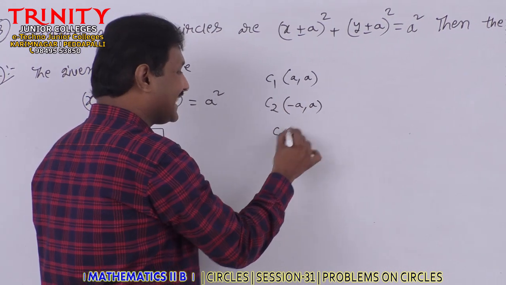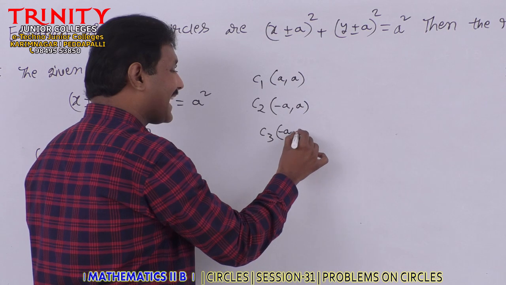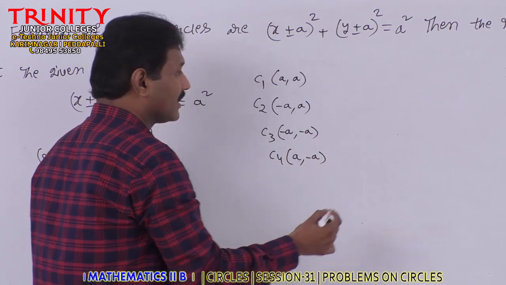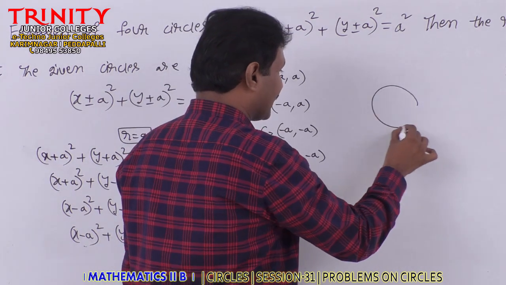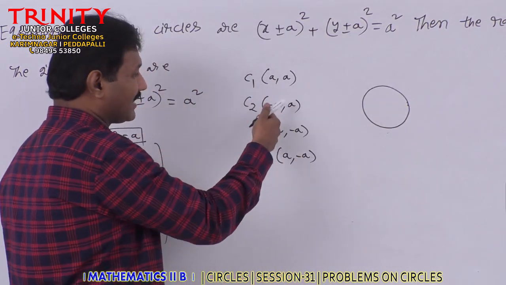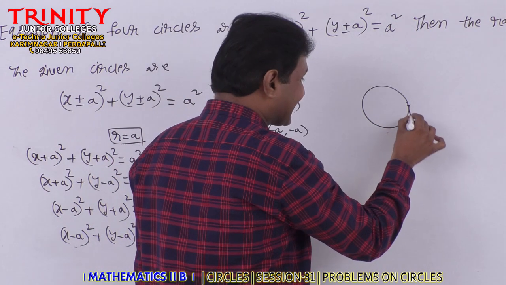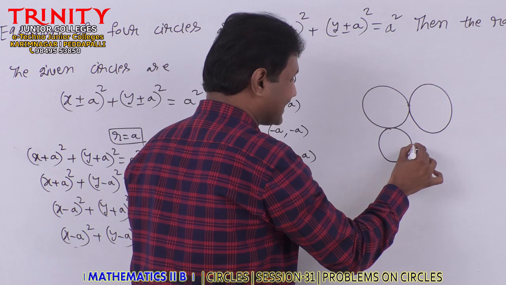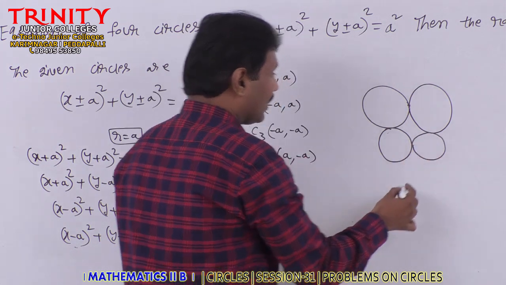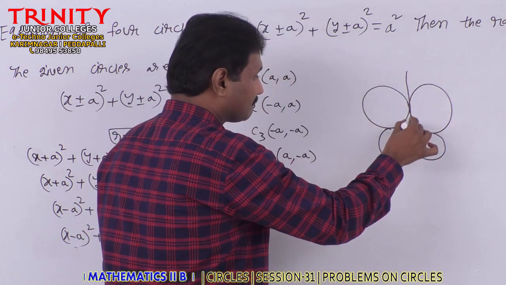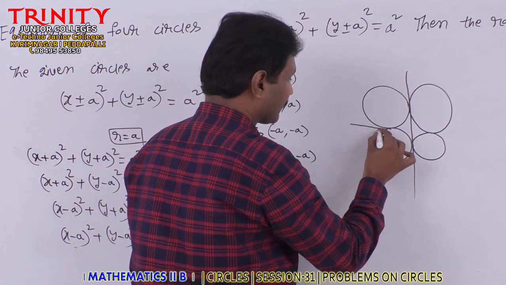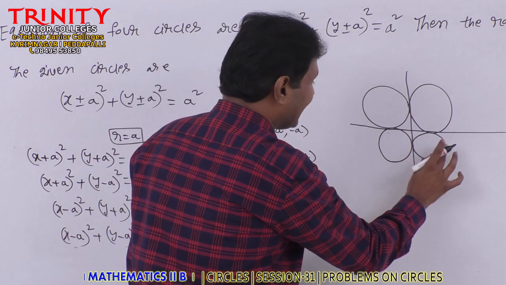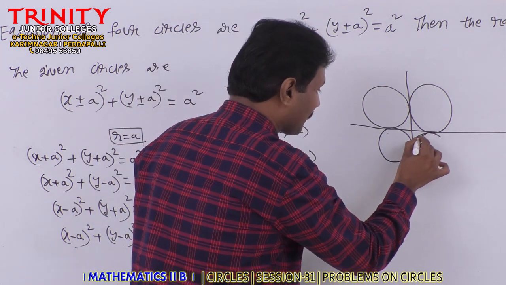Since the radii are all equal, the circles touch each other, like this. These are equal radius circles.